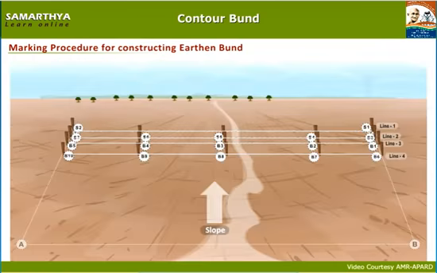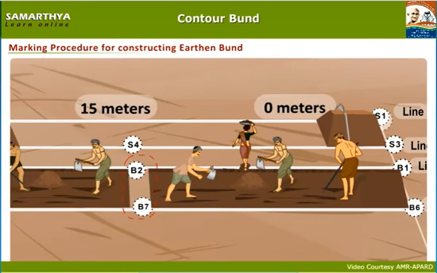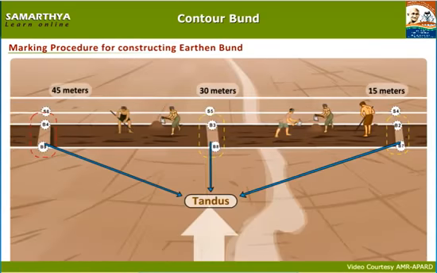Dig the center portion of B1, B2, B6, B7 and B2, B3, B7, B8 and B3, B4, B8, B9 and B4, B5, B9, B10. While digging, some parts at B2, B7, at B3, B8 and at B4, B9 are left undug.